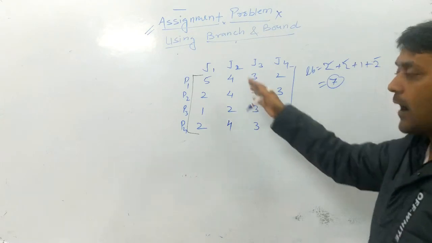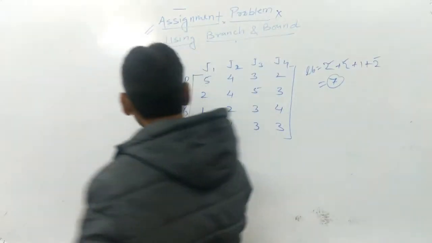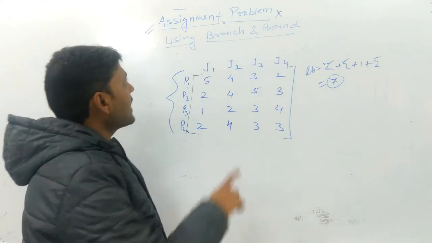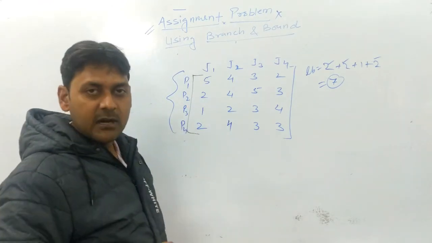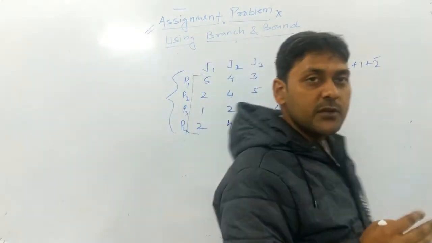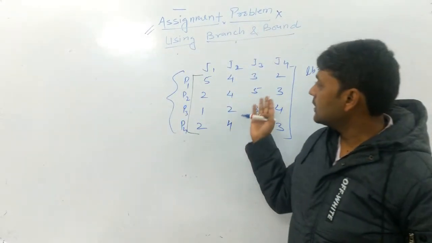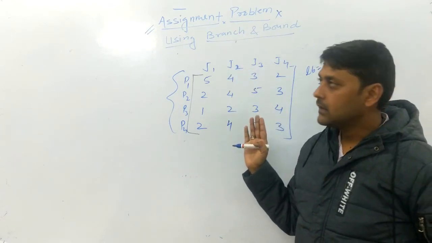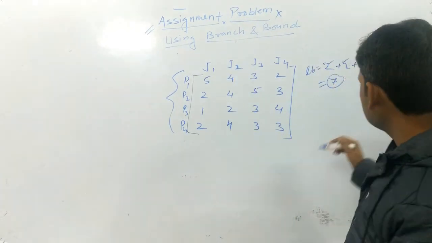That means if you solve this problem using the assignment problem method, you have to find the minimum cost to be utilized for these 4 tasks or jobs. The minimum value is 7.